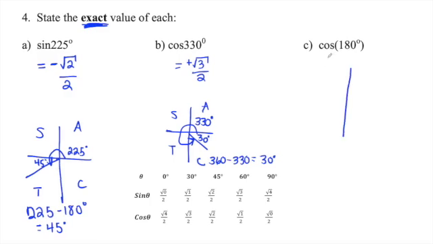Okay, see here you have cos of 180 degrees. So again, draw this, and you know that 180 degrees is over here. So you know it's going to be a value of 1 because it's on that x-axis over at 1. However, you need to figure out the sign of it. So you're going to again look at your quadrants and your CAST rule.